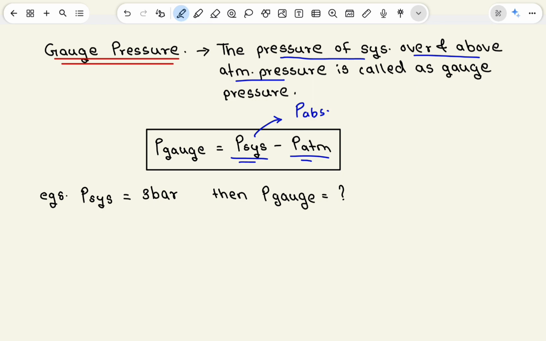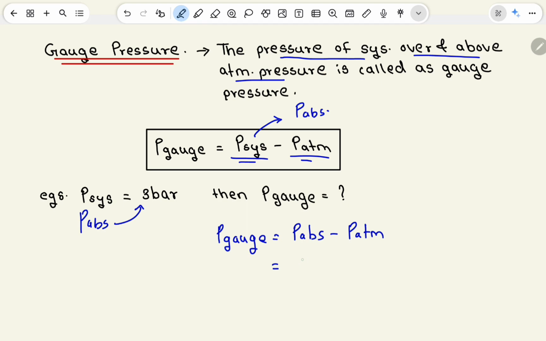We have an example where the absolute pressure of the system is given as 3 bar, and we are asked to calculate the gauge pressure of the system. We know the formula: the gauge pressure of the system is the absolute pressure of the system minus the atmospheric pressure.